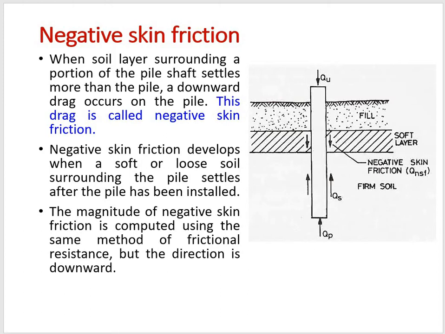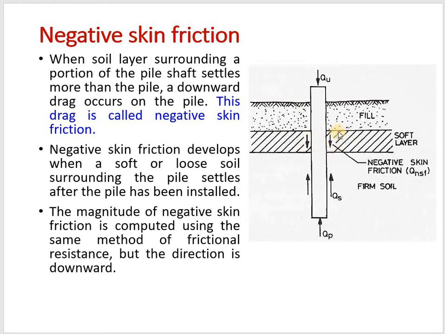The equations are similar to what you do for the frictional resistance, but the only thing is that the direction is downward. So here you can see this is the actual frictional resistance and this is the end bearing resistance, but in this particular area there is some down drag. That is why it is shown in hatch, and this is the downward.